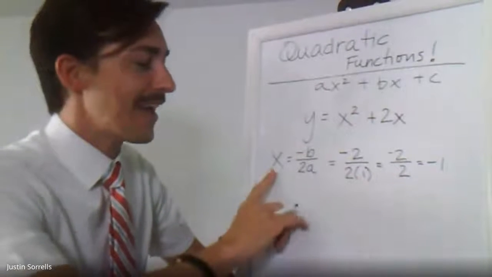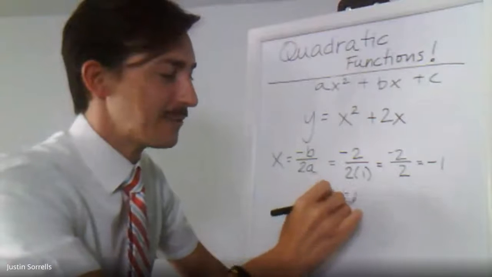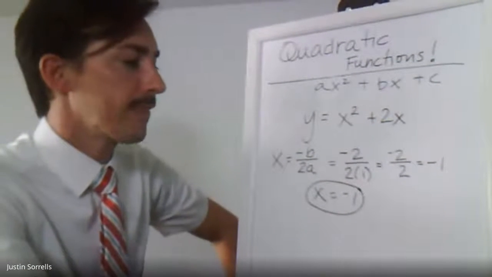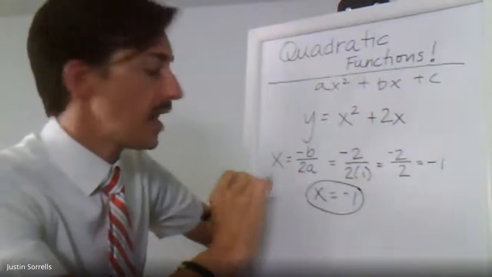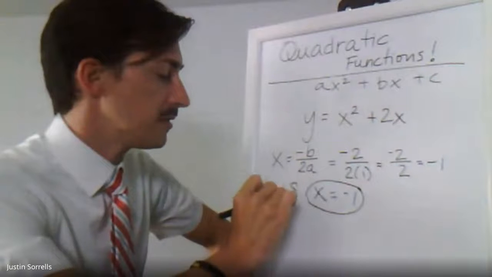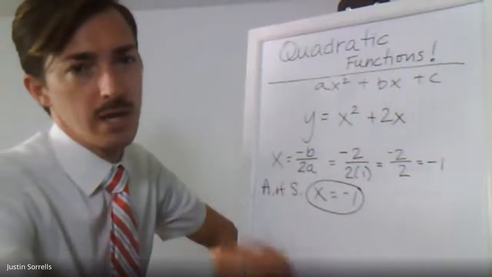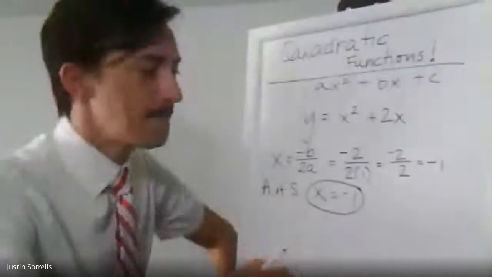We have an axis of symmetry, x equals -1. Okay? I usually abbreviate axis of symmetry, because math people like to abbreviate. We don't always like to have to write everything out, just saying.